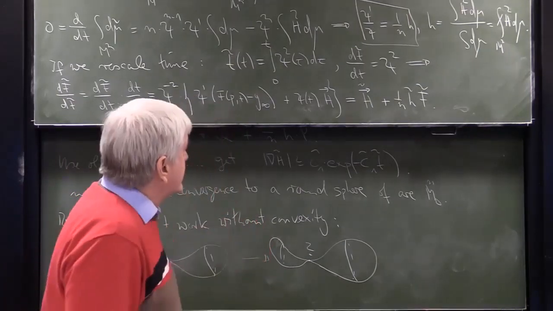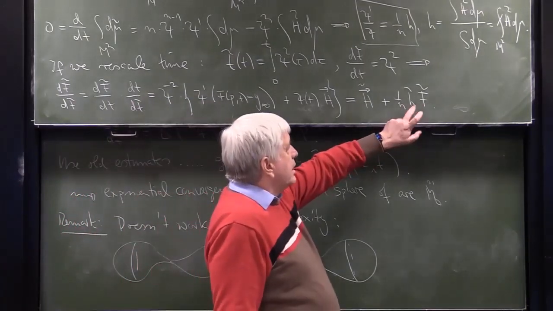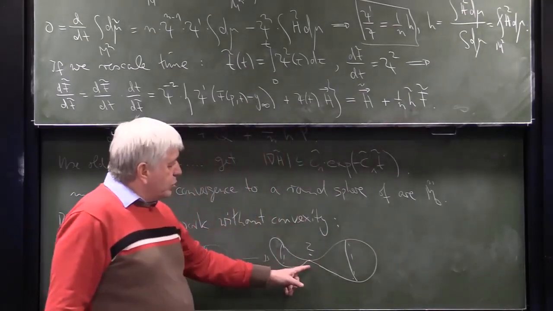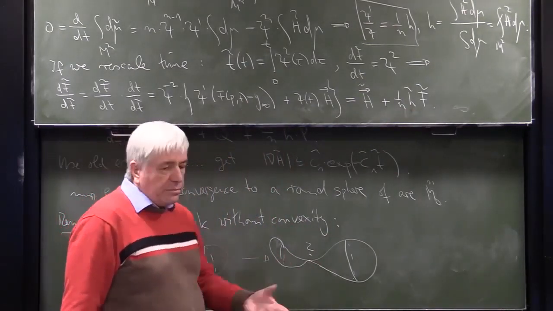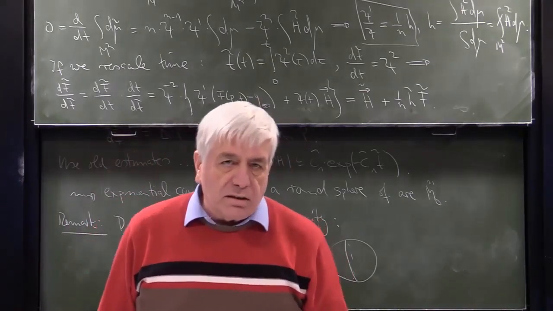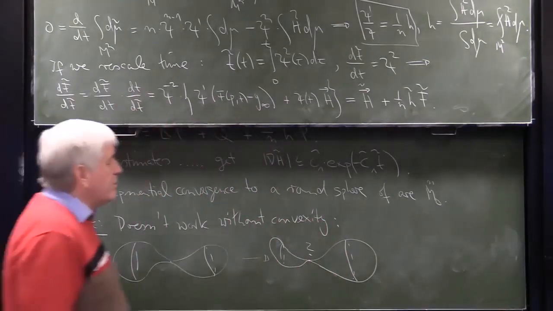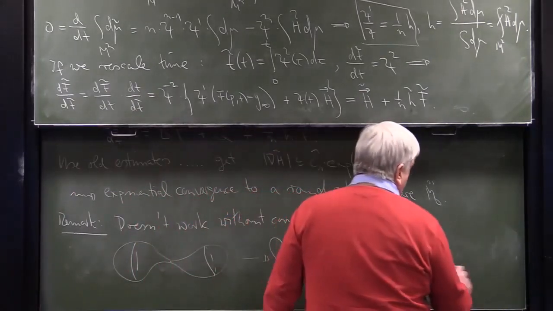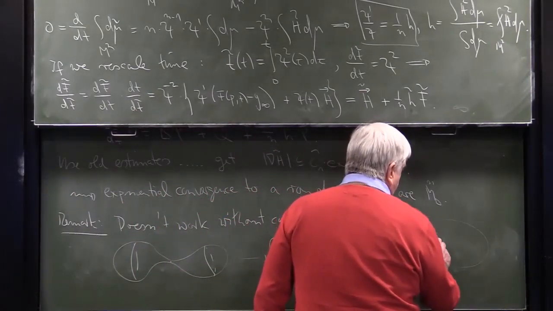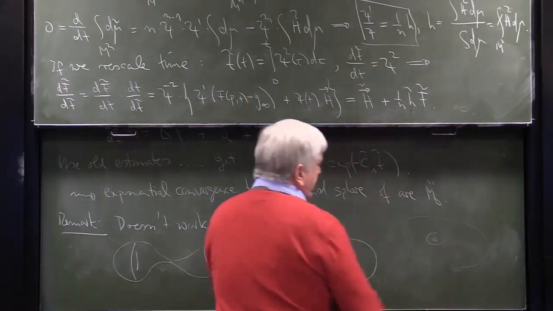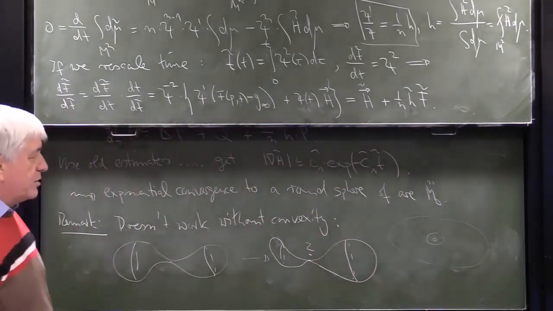The extra term coming from here is simply not strong enough to resolve the singularity and make it into something that you can recognize. So this method only works in the nice way where everything in the end contracts to one point, and then the uniform rescaling gives you a round sphere.